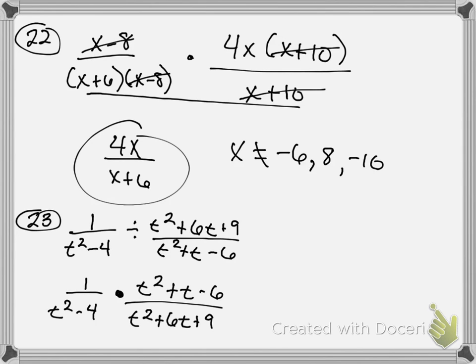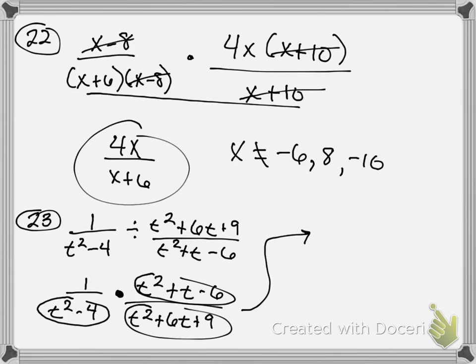So what I've got to do is factor 3 pieces. I've got to factor this piece, and this piece. I'm going to come up here to do that. So 1 over t squared minus 4 turns into t plus 2, t minus 2. Times the top up here, t squared plus t minus 6.